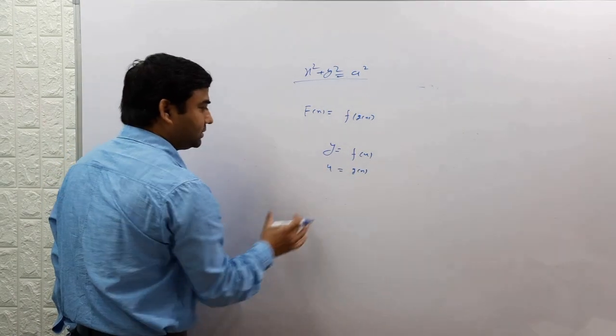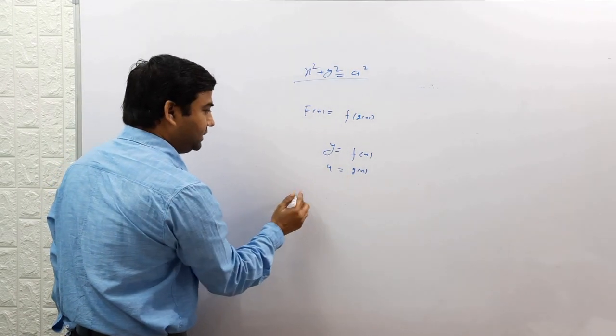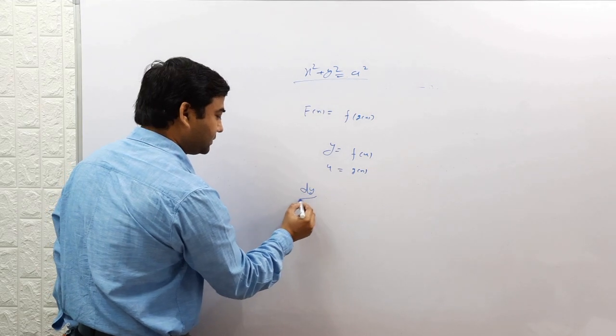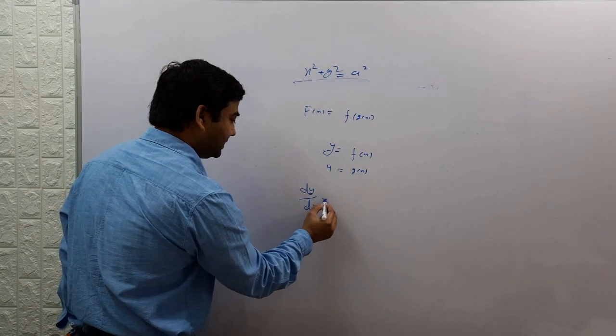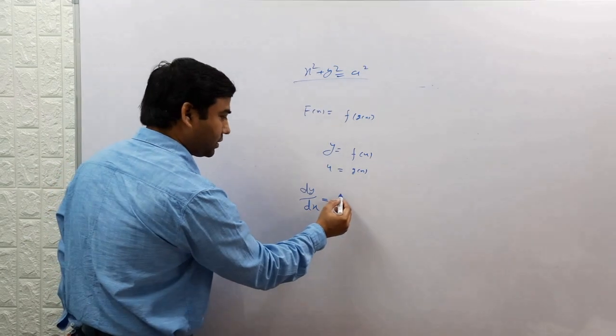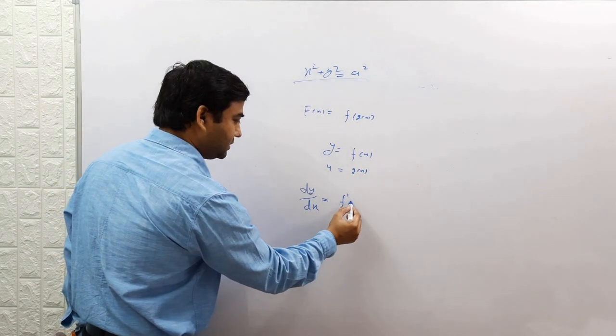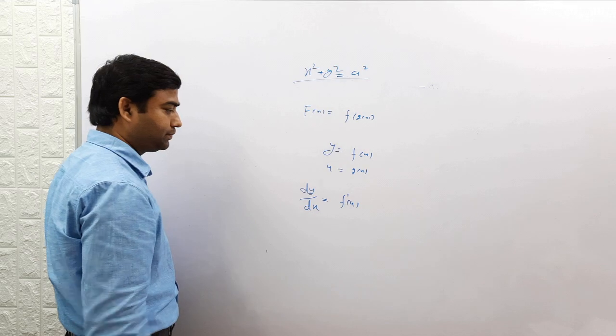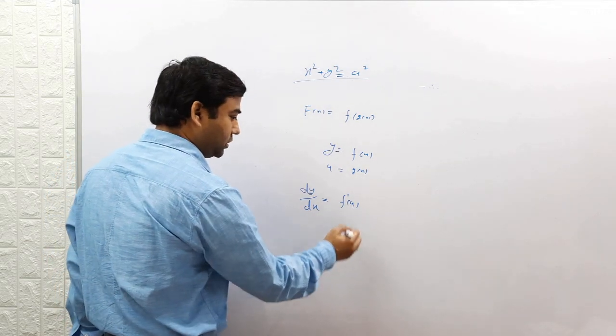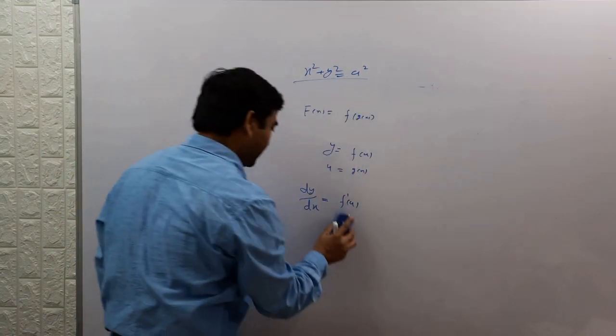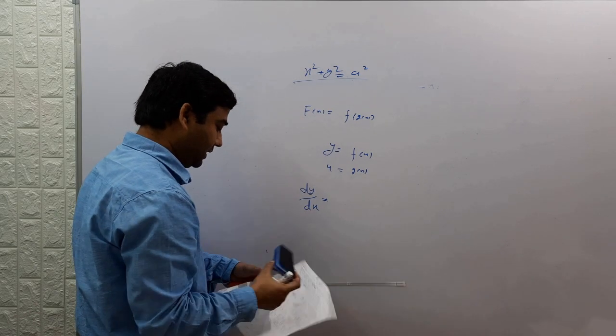So we can write the derivative dy over dx is equal to f dash u, or you can say directly in Leibniz notation. Let us write it completely in Leibniz notation.